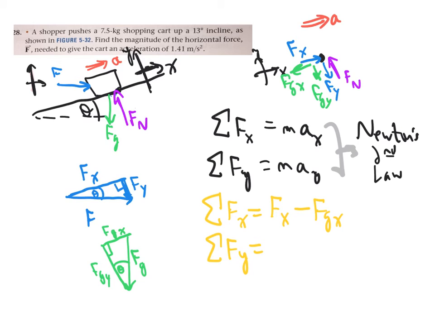And so we see that we have Fn pointing out of the incline. There's an Fgy, but it points into the incline. And there's an Fy, but it also points into the incline. And the signs here again just reflect that they point opposite to the direction that I picked as plus y.